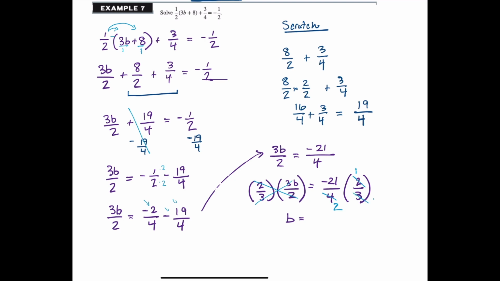So 3 goes into itself 1 time and into 21 7 times. So I can already see that this will reduce to negative 7 over 2. And that will be our solution.